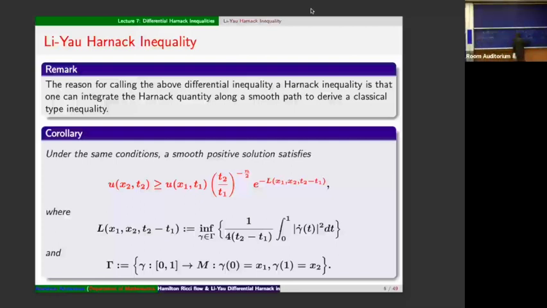This is the geodesic distance, which can be taken as the infimum over paths between these two points, called the geodesic. So this L in this case will be d squared over 4(T2 minus T1). So you have this if it's a geodesic curve. And another example that we should be familiar with is suppose our manifold is flat Euclidean space, R^n.